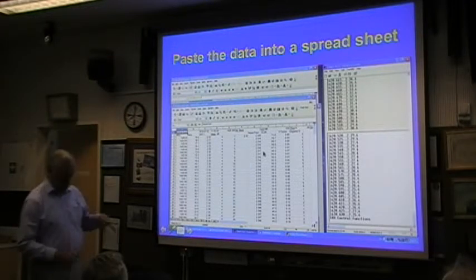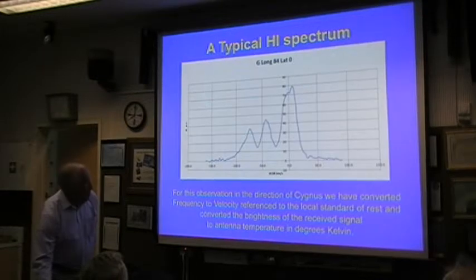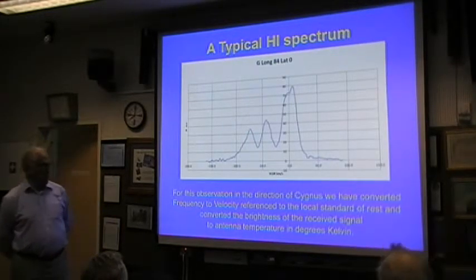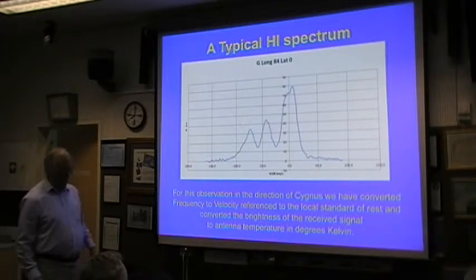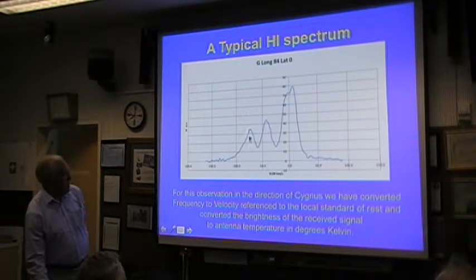That produces a load of numbers which are all pretty boring, but lo and behold, you can make the spreadsheet produce a plot. The bottom scale could have been frequency, but we've converted it into velocity relative to the local standard of rest. And looking in that direction, you see 3 peaks.